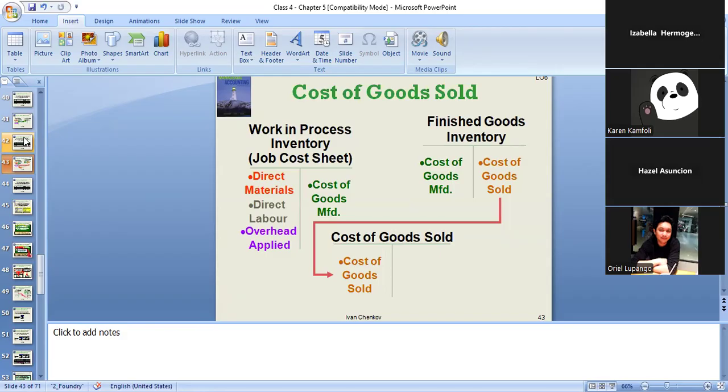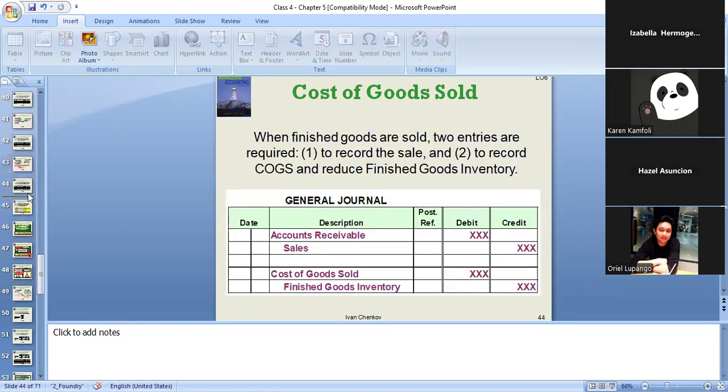Now the product is going to stay in the finished goods until it's sold. Once it's sold, it's going to become cost of goods sold. So we're going to debit cost of goods sold and we're going to credit finished goods inventory. That will be to reduce our inventory, but at the same time we have to show our sales.